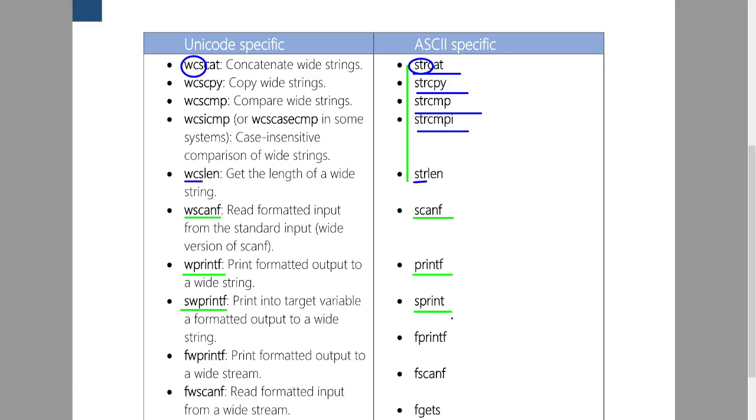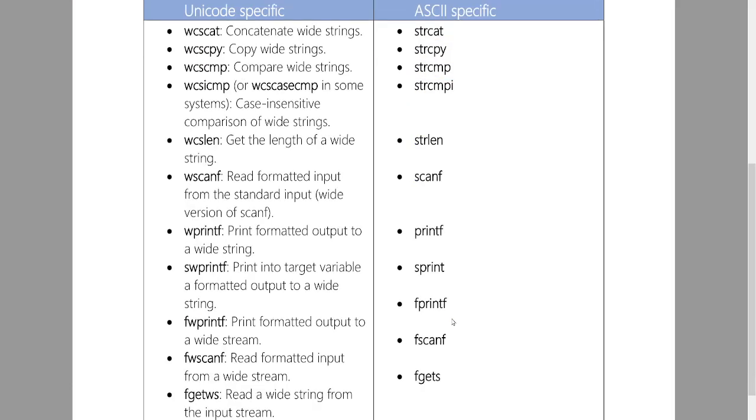And then you remember when we were doing file I/O, we used some functions like fprintf. The equivalent for wide strings is fwprintf. The f is exactly the same, and in between printf and f there is a w. And exactly for scanf, you will have fwscanf instead of fscanf.